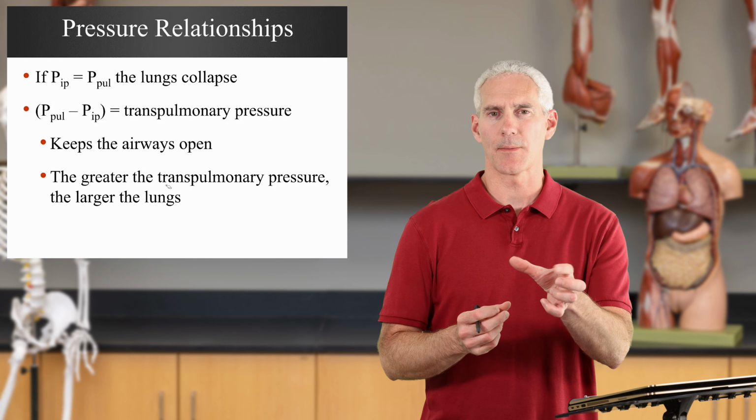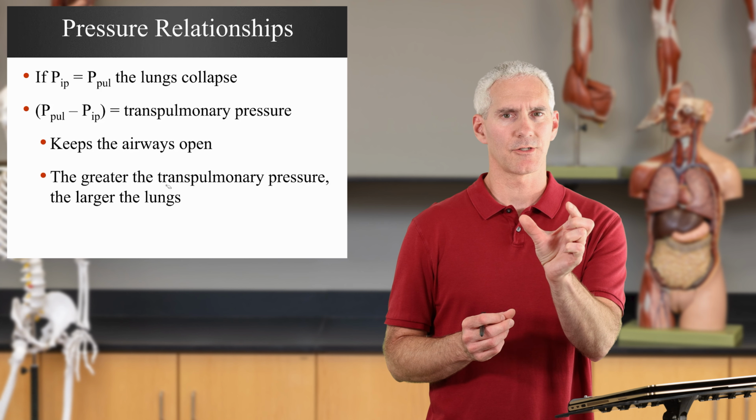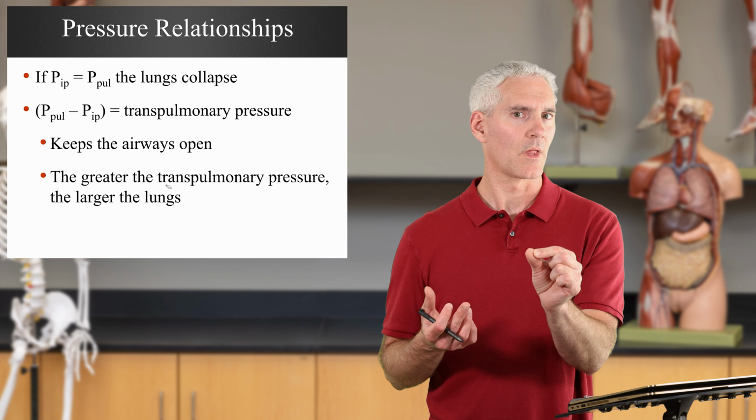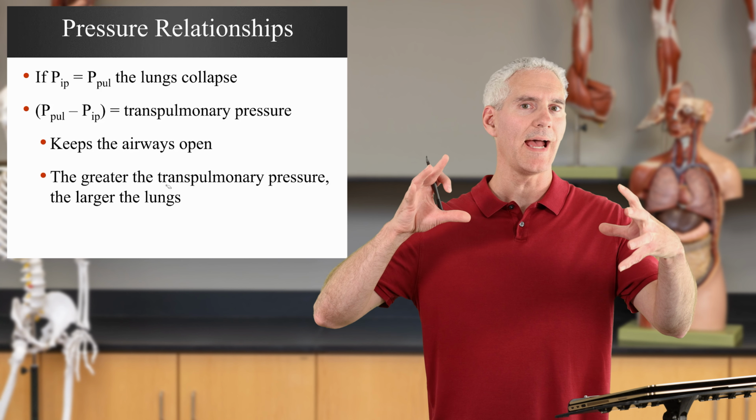If you blow it up just a little bit, does it really shrink that much? No. But blow it up almost to its max, and it's going to very quickly and vigorously try to collapse back down. That's your lungs. The more they're expanded, the more force they want to collapse with, which means you have to have a larger difference, so a larger negative transpulmonary pressure.